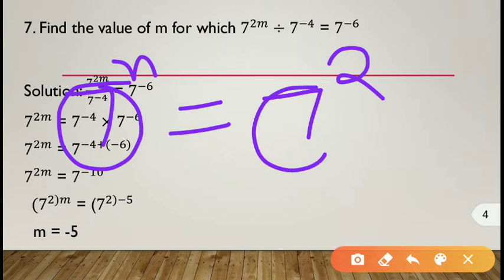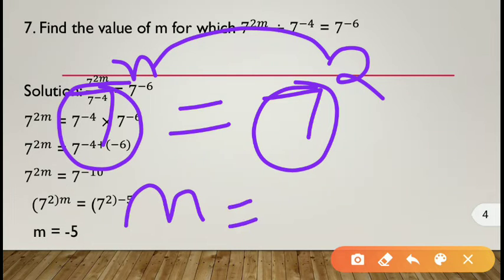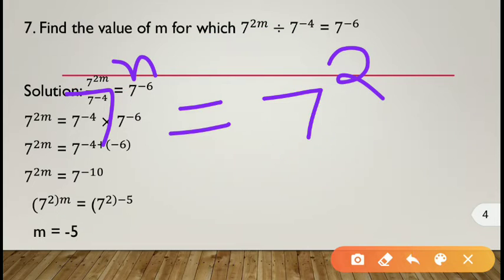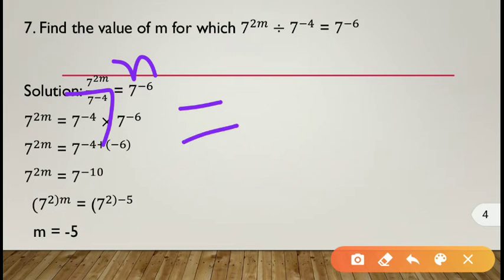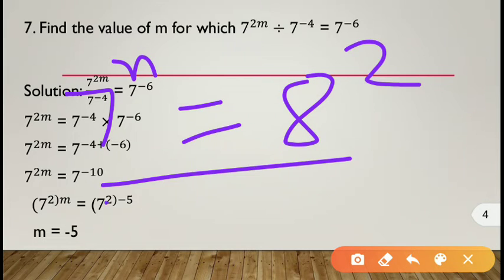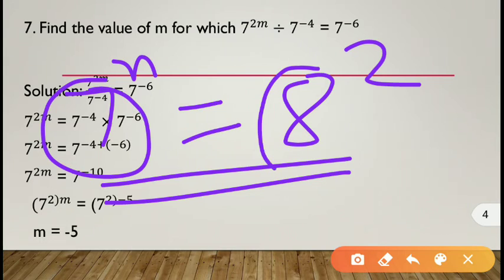The bases are same, we can equate the powers, means n is equal to 2. But if here it was written 8 to the power 2, we can't equate. Why? Because the bases are not same.